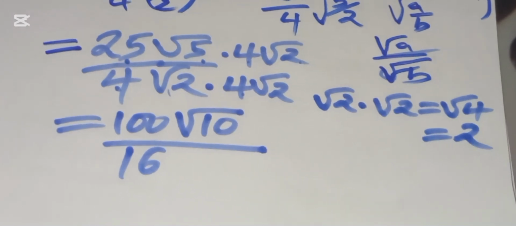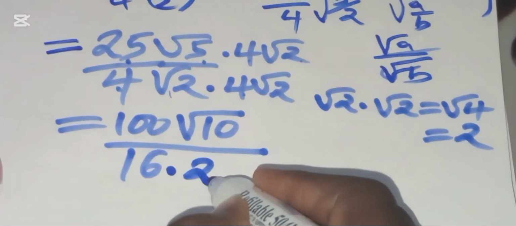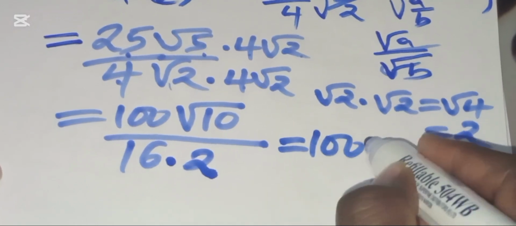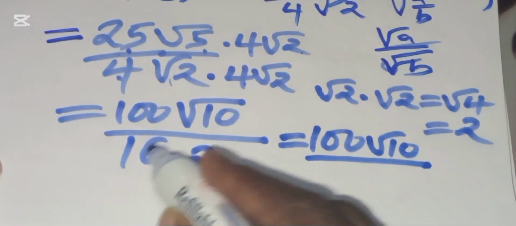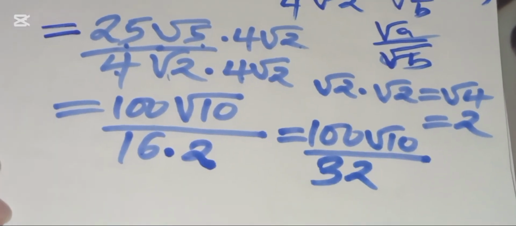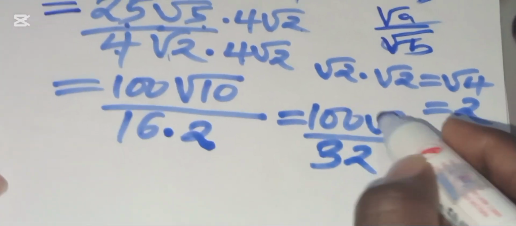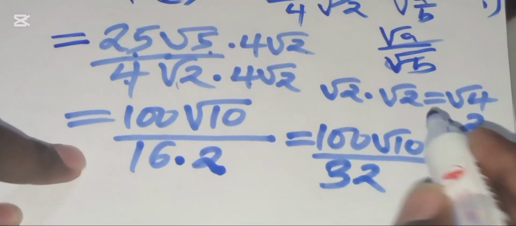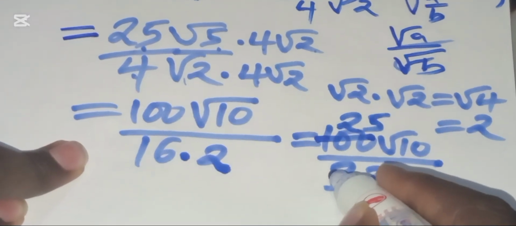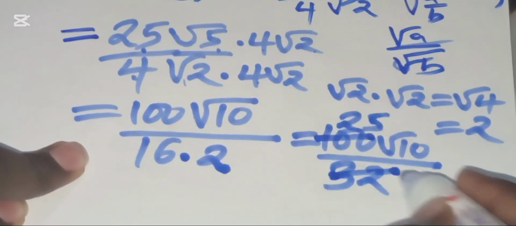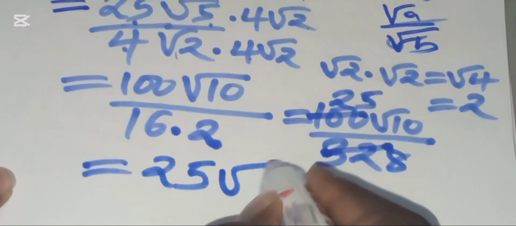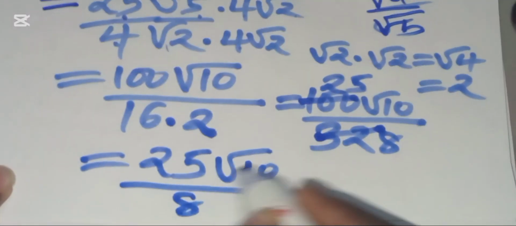Alright, now this means that we multiply here by 2, so that we'll have 100 square root of 10 divided by 16 times 2. Okay, so we can divide here by 4. If you divide by 4 here, this is 25, and if you divide by 4 here, this is equal to 8. So this is the same thing as 25 square root of 10 divided by 8, and this is the solution.